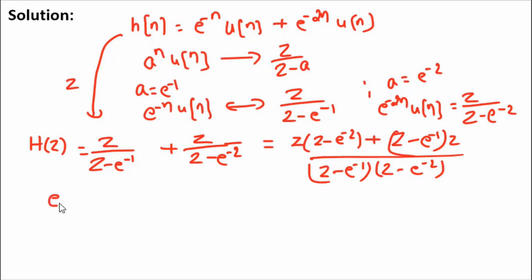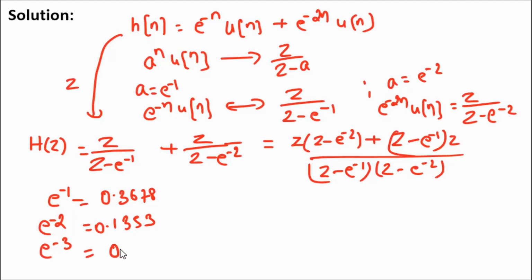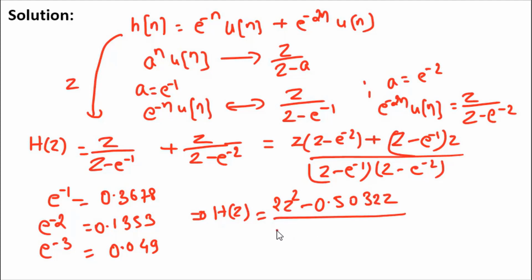By putting e^(−1) as 0.3678, e^(−2) as 0.1353, and e^(−3) equal to 0.049, you get H(z) equal to (2z² − 0.5032z)/(z² − 0.5032z + 0.049).